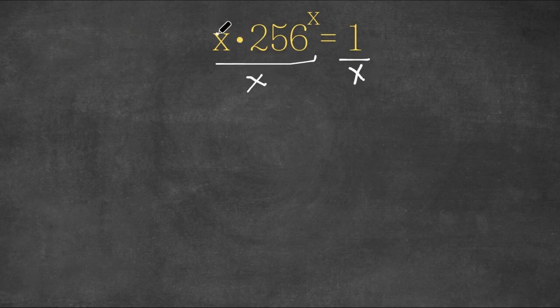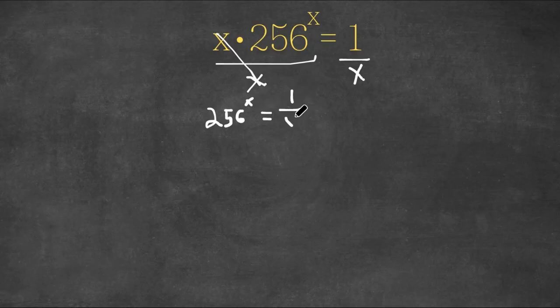So on the left side, these two would cancel out, so we would just have 256 to the power of x, and on the right side here, we have 1 over x.